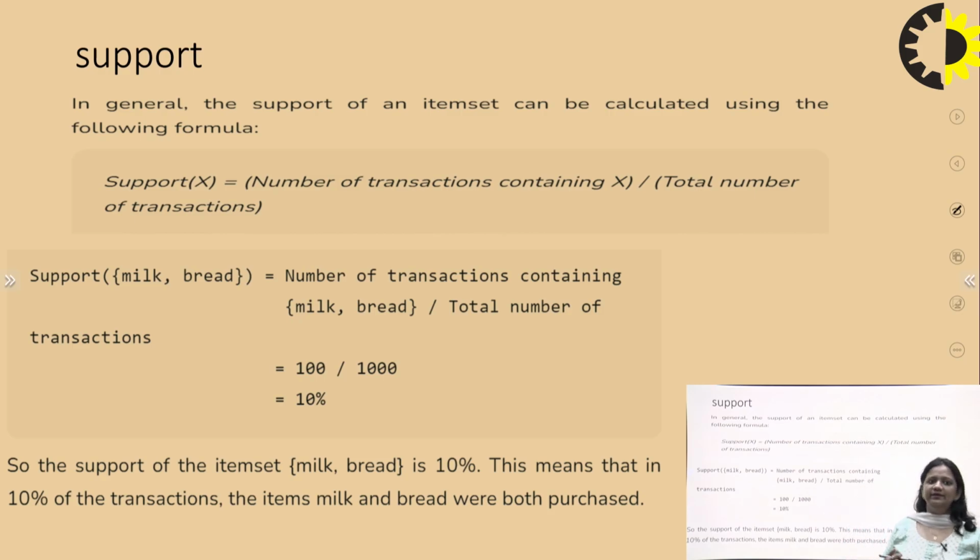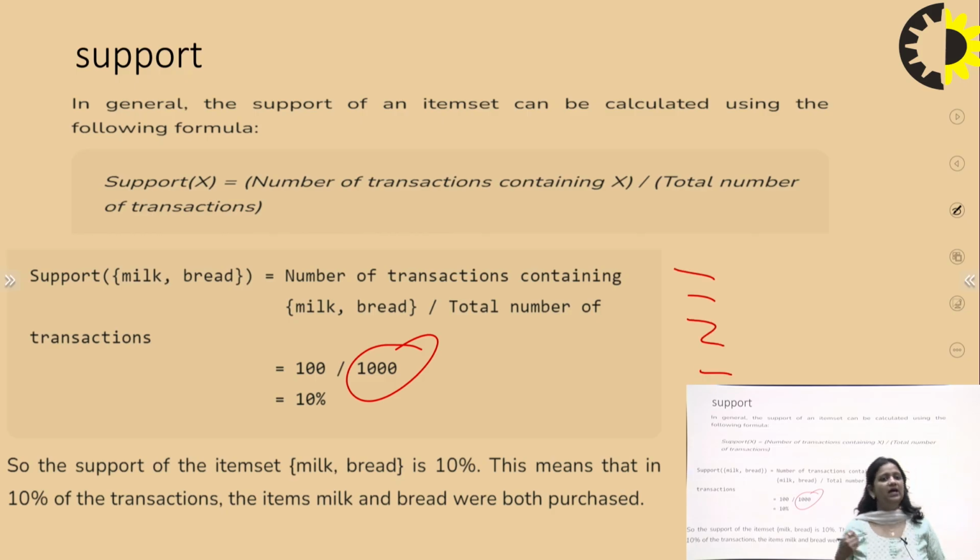For example, if we have 1000 transactions and in only 100 of those transactions the item X appears, how do we calculate the support of X?